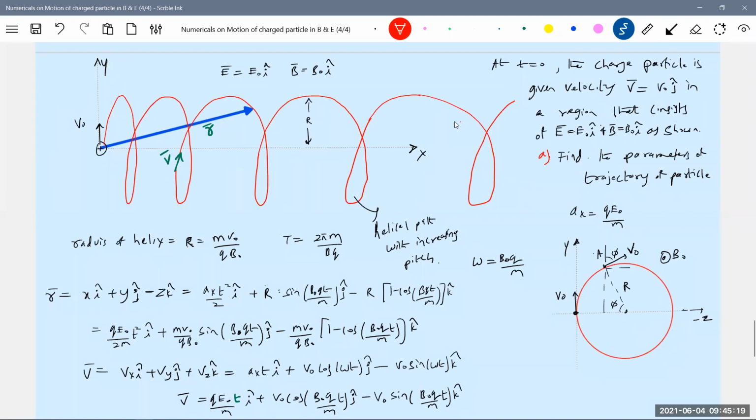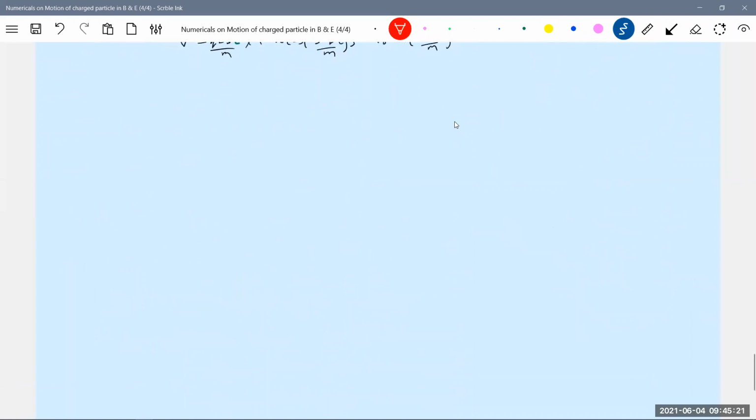Shall I get into the question? No, because I have to write the question here. What is the part B?